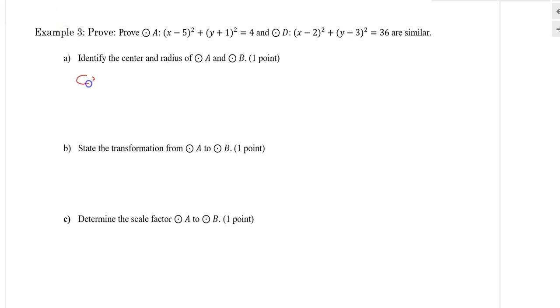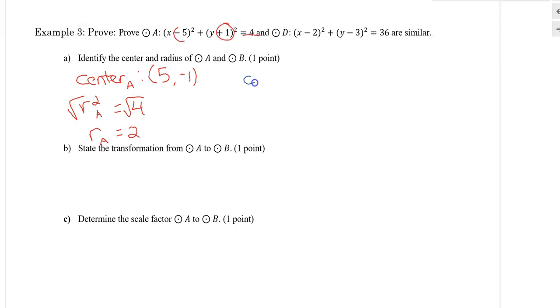So the center of A, I'll put a little A so you know we're finding the center of A, comes from here. r² of A equals 4, so the radius of A equals 2.